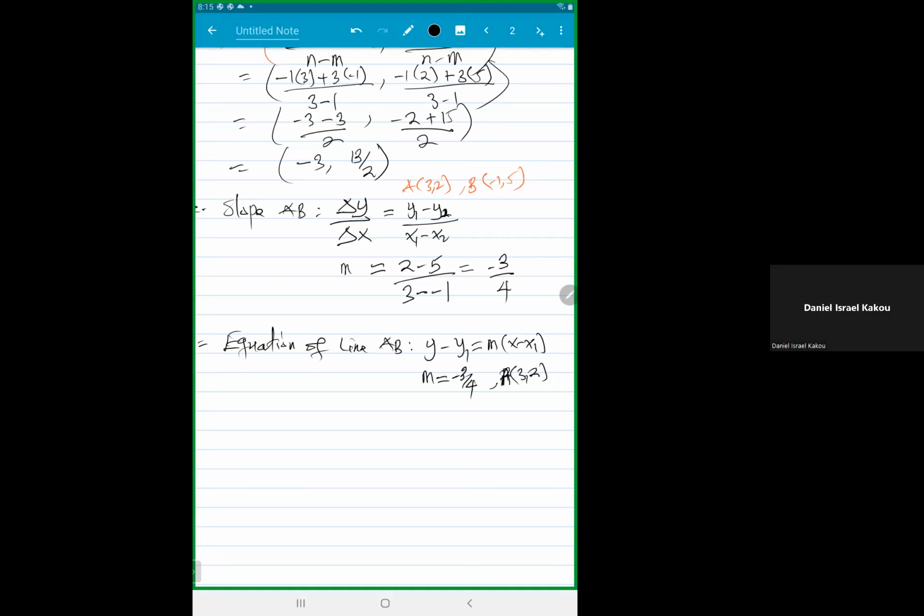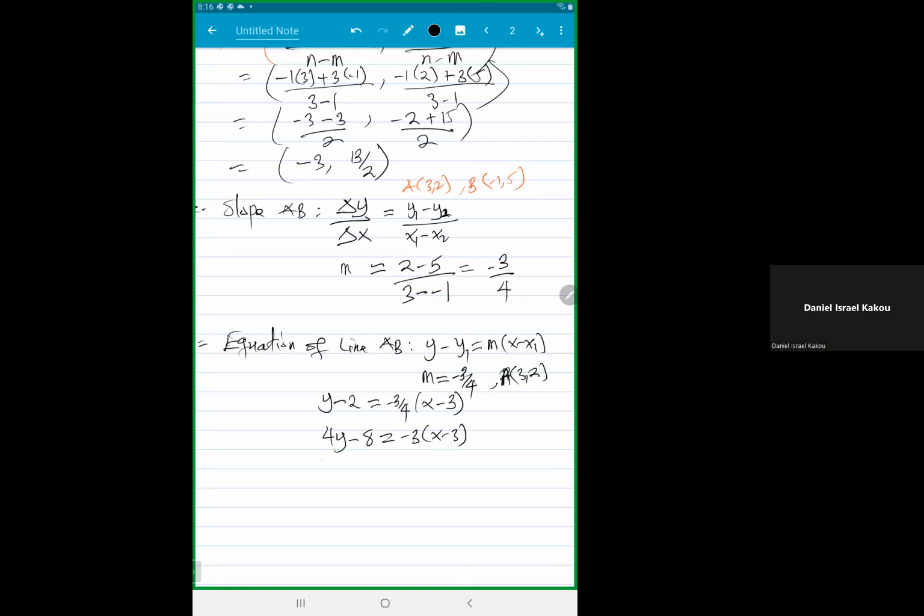So now it's substitution. So y minus y1. The y1 is 2 from the point I chose, and it's equal to minus 3 over 4, which is the gradient, and x minus x1, and x1 is 3. So the rest is me arranging it nicely as my equation of the line. That would be 4y minus 8 equal to minus 3 into bracket x minus 3.